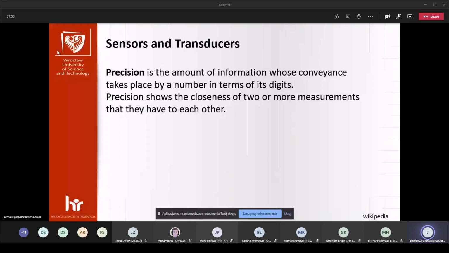So if we measure something, we can obtain 0.01 or 0.02 or 0.03. So the precision is the number of digits. The precision shows the closeness of two or more measurements to each other. So if we've got 0.01 and 0.02, the precision is 0.01.